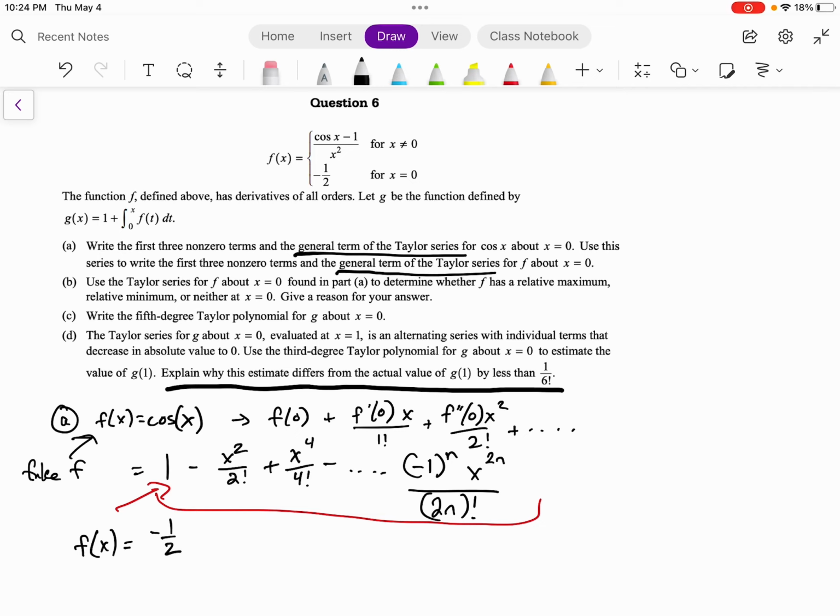We're going to take away each of these terms and reduce the degree up top by a little bit. So what's that going to look like? Hold on.